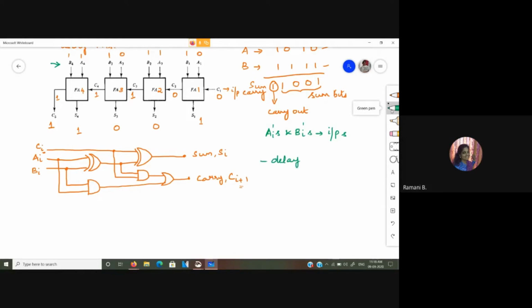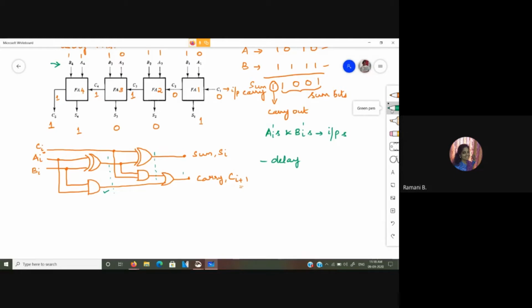So generally, propagation delay is the time taken for the input to propagate through the gate and give you the output. Okay. So here in this case, in order to get the correct carry, this is our first level of the gate. This is our second level of the gate, because each of these depends on the output of the first level.